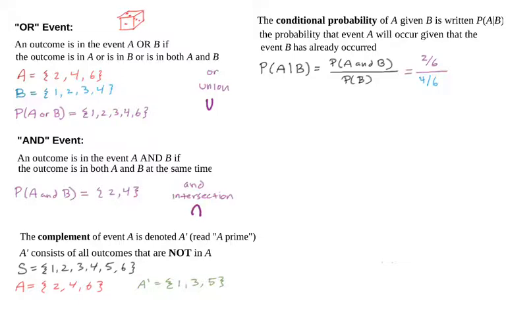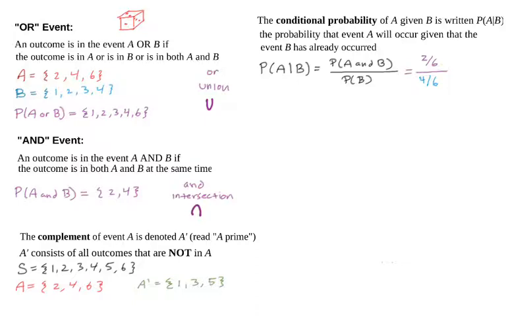So we want the probability of A, that we actually get a 2, 4, or 6, but we're giving the hint that we already rolled a 1, 2, 3, or 4, that B already occurred there. So probability of A and B, we have 2 elements inside of there. So that's where we're getting that 2 over 6 there.